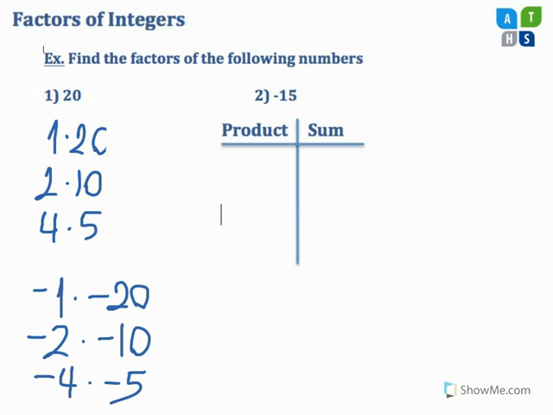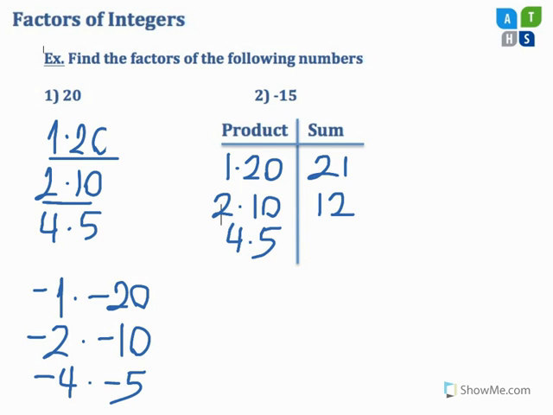Now, we are going to write these products here, like 1 times 20, and then, while writing the products, we will write the sum of these two factors as 1 plus 20 is 21. 2 times 10. Okay, it is 20. 2 plus 10 is 12. 4 times 5. What is 4 plus 5? 9.